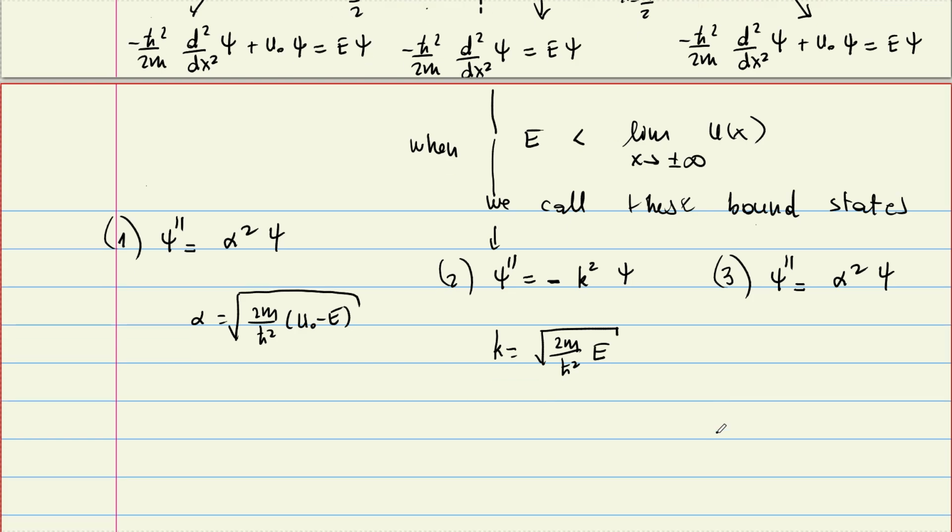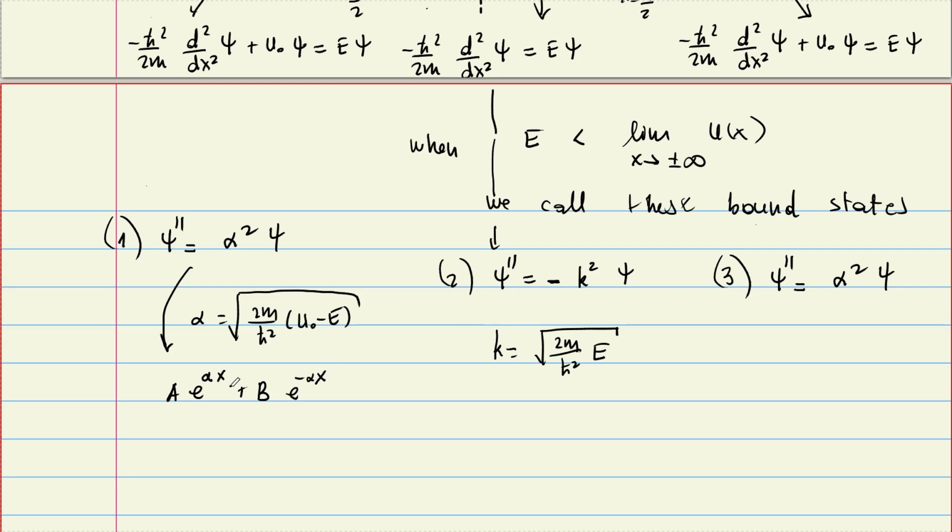Now, if you remember from last time, how do we solve differential equations? We solve them by substitution. We know the solution and we substitute. And for this problem, I know the solutions are going to be A times e to the alpha x plus B times e to the minus alpha x. Right?